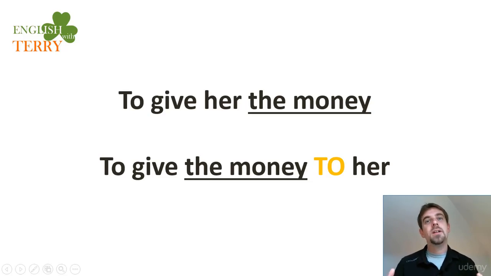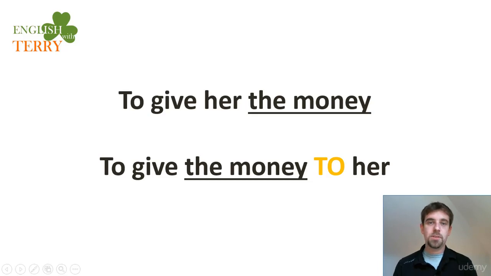Where is the money in the sentence? In the first one, to give her the money, it's at the end. It's after her. So there's no separation of give her the money. When we have give the money to her, because the money is now between give and her, it's changing position, and it's necessary to have to before her.